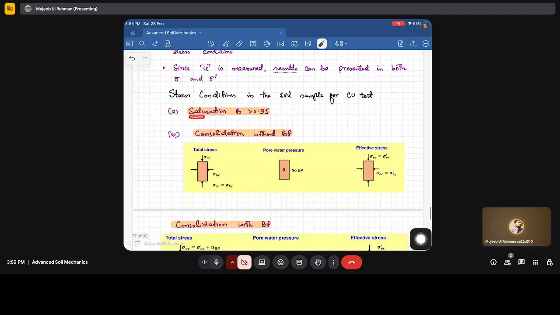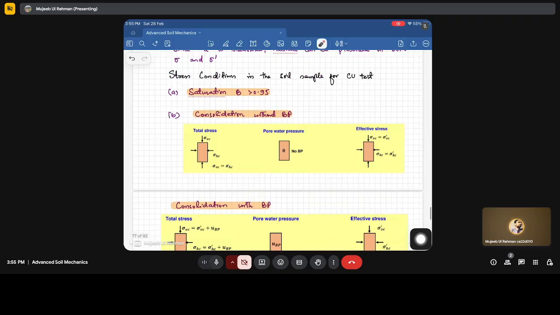At the saturation stage, we have to always ensure that B is greater than 0.95. In the consolidation stage, as I told you, we can do it without back pressure or with back pressure. In case there is no back pressure, the effective stresses at the end of consolidation are given by sigma dash V = sigma dash VC and sigma dash H = sigma dash HC, both equivalent to the initial total stress at consolidation, since there is no back pressure.